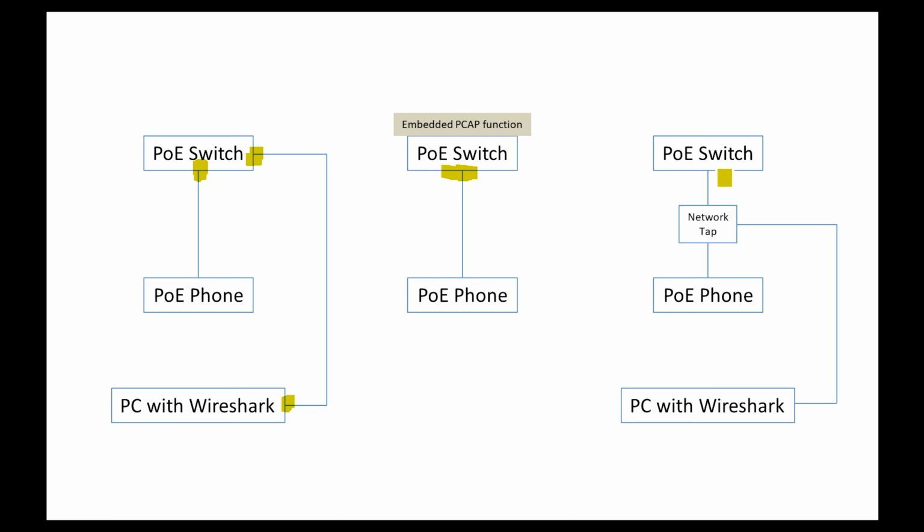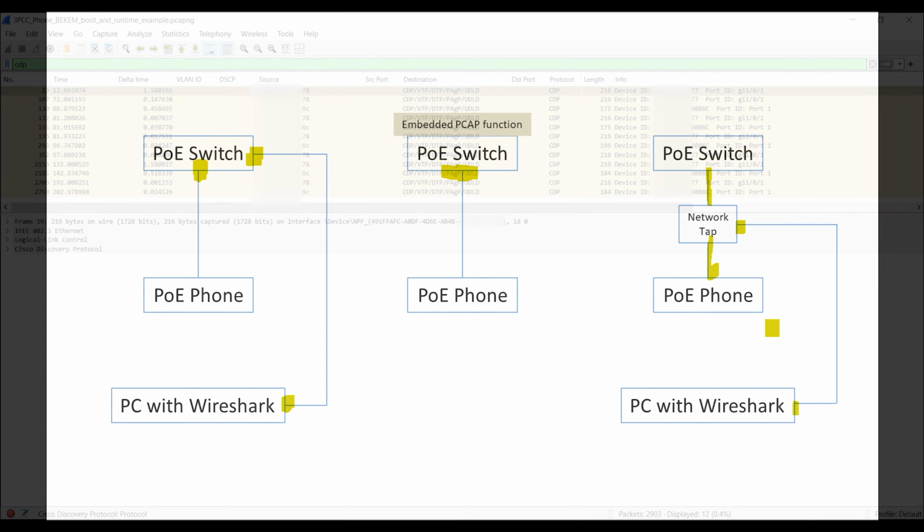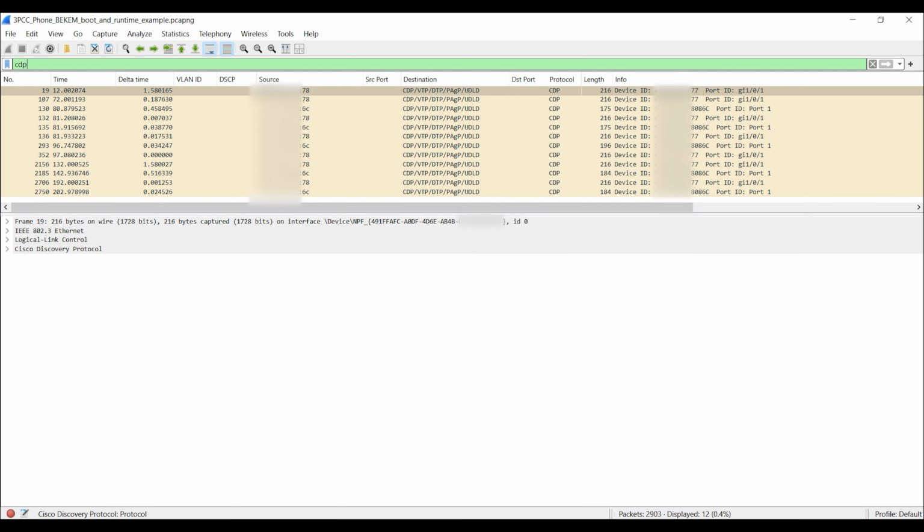It's a PoE network tap, meaning it's allowing the PoE to go from the switch to the phone, and I'm able to capture all the packets communicated between the phone and the switch and vice versa. This is the technique I'll be using today to be guaranteed that I'm not missing any packets when I'm doing analysis and troubleshooting, for example a PoE issue with the KEM or other issues. Okay, we're going to take a look at the Wireshark capture.